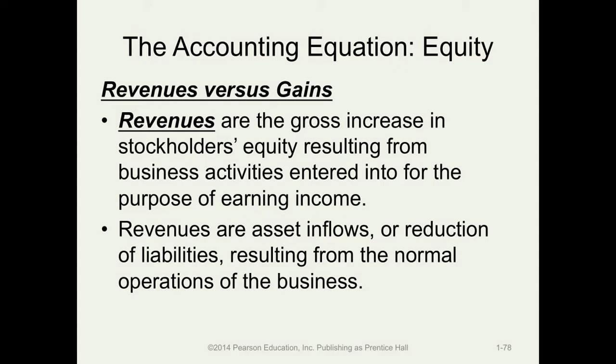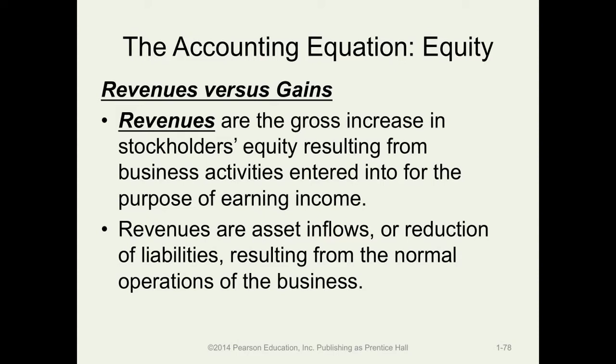Although the effects are exactly the same on the accounting equation, the effects are exactly the same on net income. What are revenues and what are gains? Revenues are gross increases in stockholders' equity from your normal business activities that you enter into for the purpose of earning profit. Normal business operations. So they're asset inflows, or they reduce liabilities resulting from the normal operations of the business.